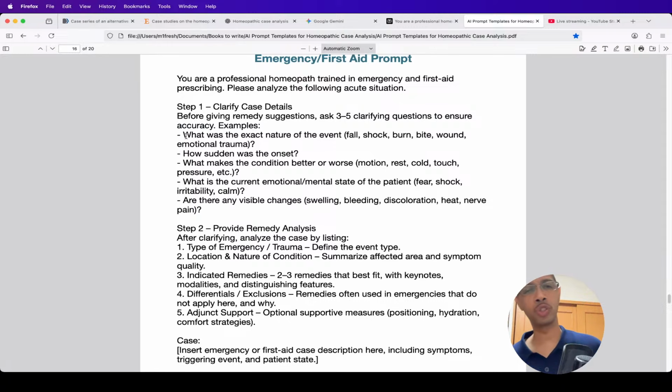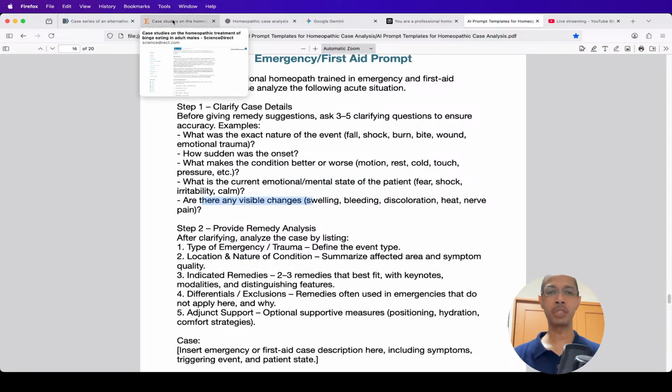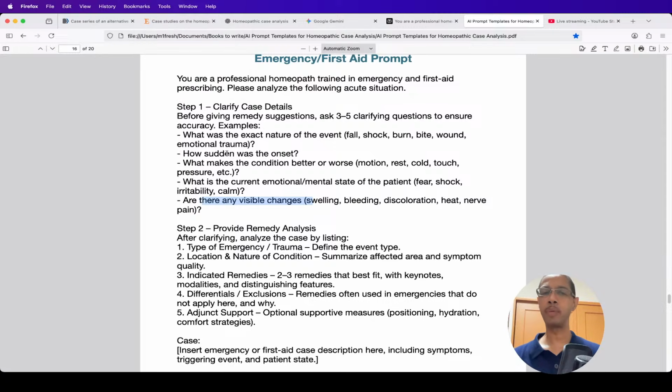It's also in the children's prompt, where it asks for clarifying questions. It's going to give examples. What's the nature of the event? How sudden was the onset? What's the current emotional mental state? Are there any visible changes? We don't have this information for the example case here, so maybe we won't use this one, but this is in the pack.